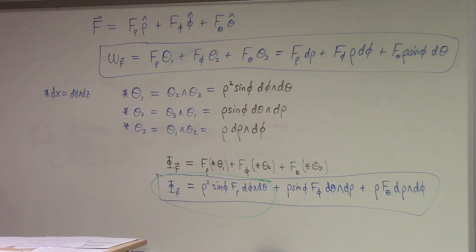So the flux form in spherical coordinates is rho squared sine phi f rho d phi wedge d theta. So the flux form is equal to sine phi d phi wedge d theta.